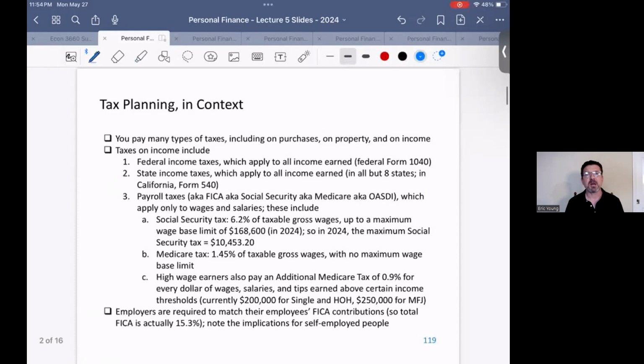So at the top level, let's talk about tax planning in context. Now, in a previous lecture, when we were talking about houses and mortgages, we said that for most Americans, the cost of their home and their mortgage is the biggest single outlay that they'll make in their whole life. And you had to be really prudent about those decisions. Well, I would say that a close second to housing costs for most Americans is going to be your tax burden.